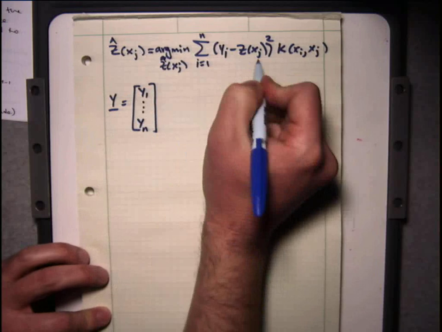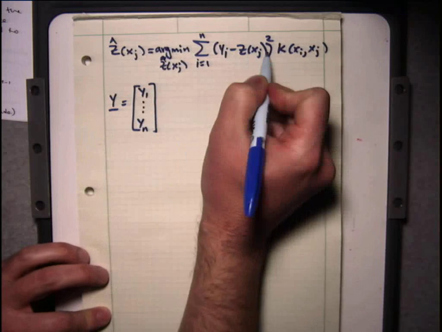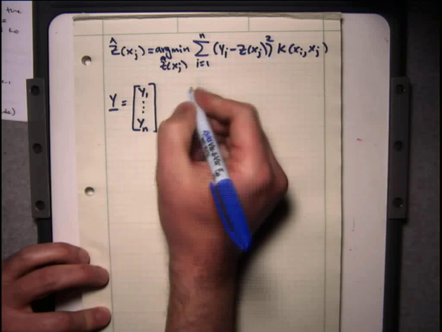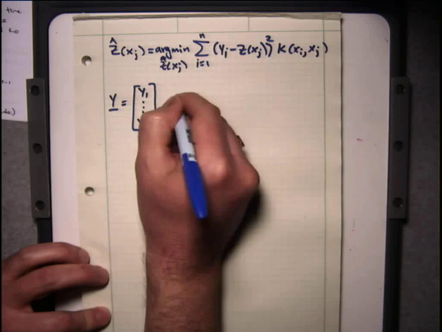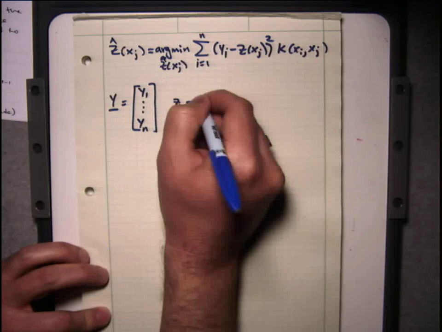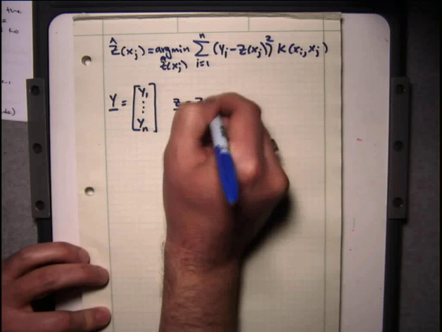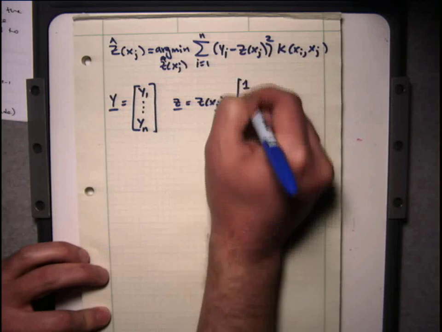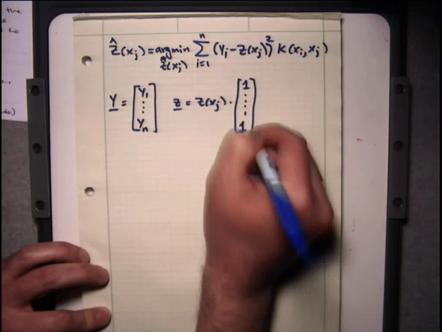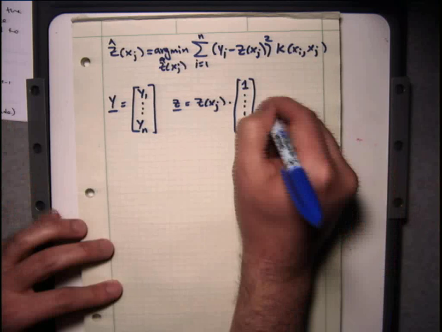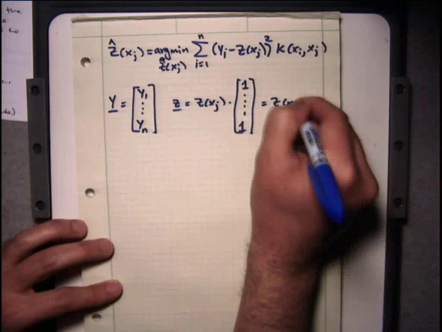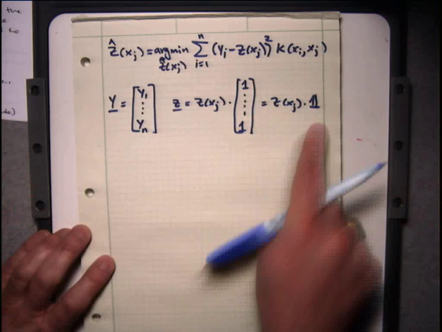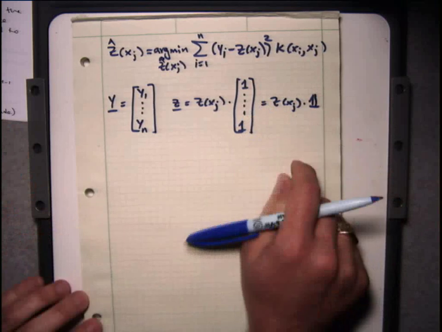This model here is just a constant, right? This is just a single number. So if I wanted to write a vector z for this, it would just be z of xj times a vector of 1s. 1, 1. Right? So this is just z of xj times, I'm going to write it like this, bold 1. Okay, so a vector of 1s with n elements in it.